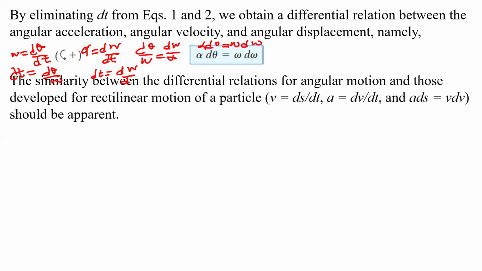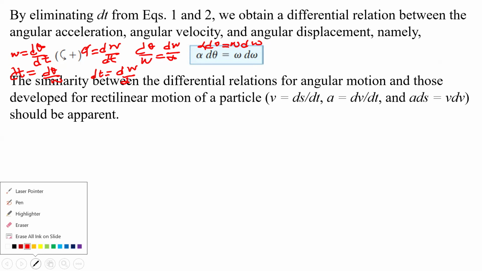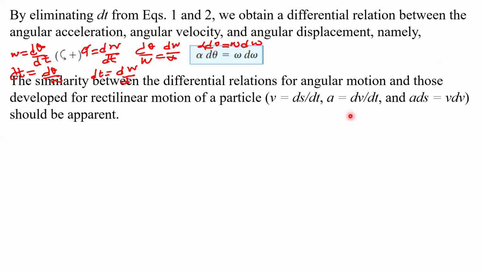So there is a similarity between the differential relations for angular motion and those developed for rectilinear motion of a particle, which we have done in the earlier class: v is equal to ds/dt, a is equal to dv/dt, and a ds is equal to v dv. Here, a, acceleration in rectilinear motion, is alpha in our angular motion.